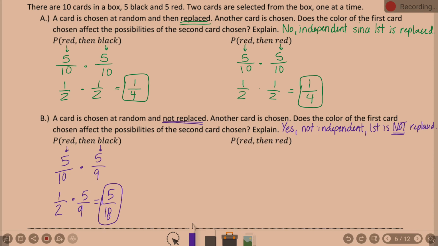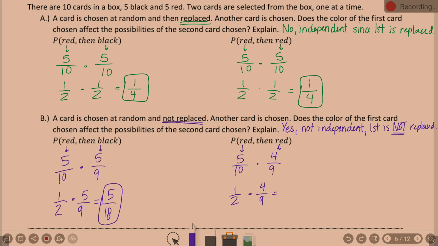Okay. Probability of the first red: 5/10. Then 4/9. I draw a red. It's not replaced. So that means I'm holding a red card in my hand. That means there's only 4 red cards to pick from and only 9 total cards. 5/10 is 1/2 times 4/9.